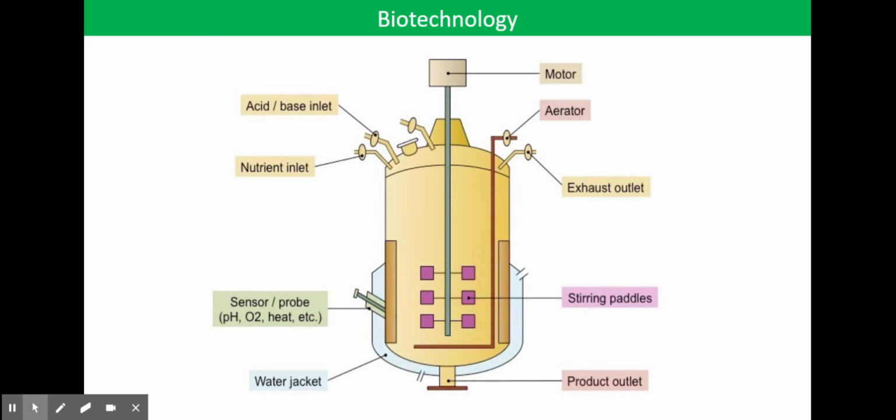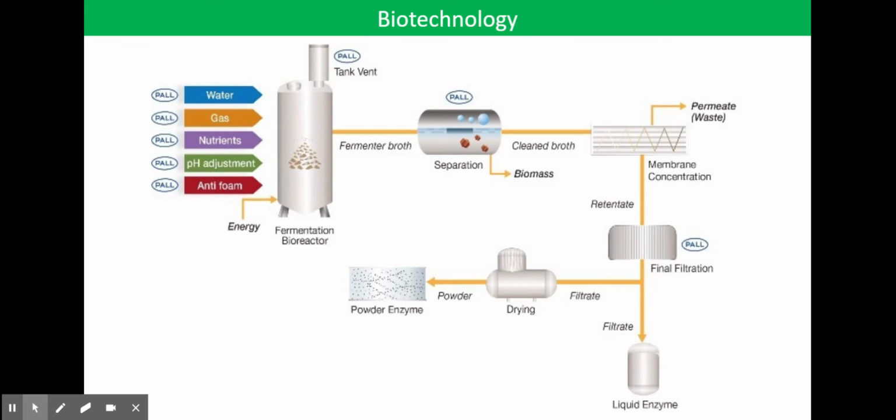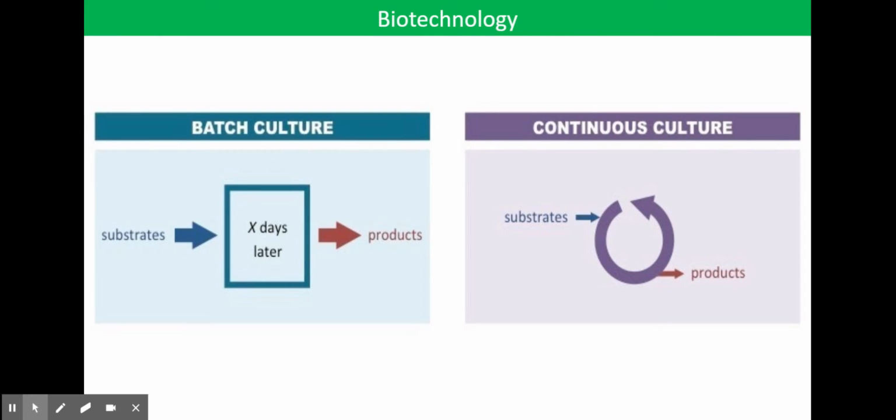Some products are synthesized by the microorganism during normal metabolism when they are actively growing. These are called primary metabolites. Such products are continually released actively from the cells and can be extracted continuously from the fermentation broth.